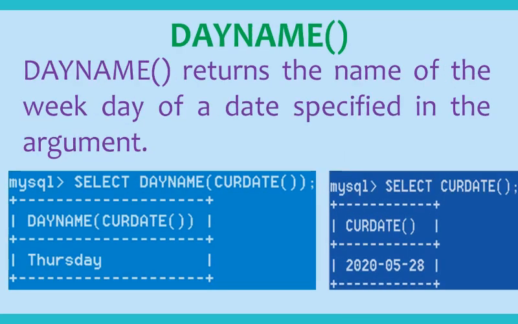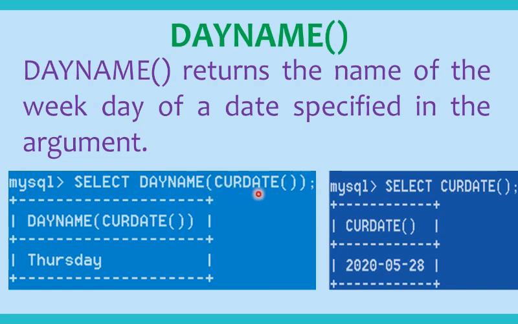Next function is the day name function. The day name function returns the name of the weekday of a date specified in the argument. Weekday means Monday or Tuesday or Wednesday, etc. Now see, again I have shown the current date, that is 28th May 2020, and I'm here using select day name within brackets current date function.